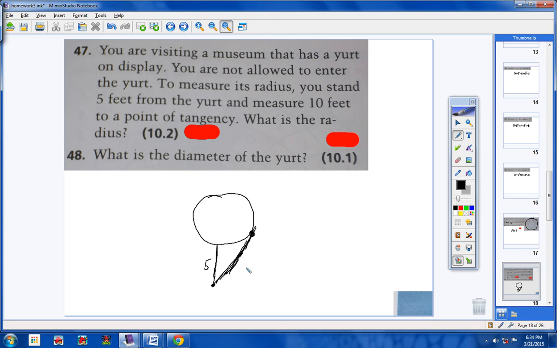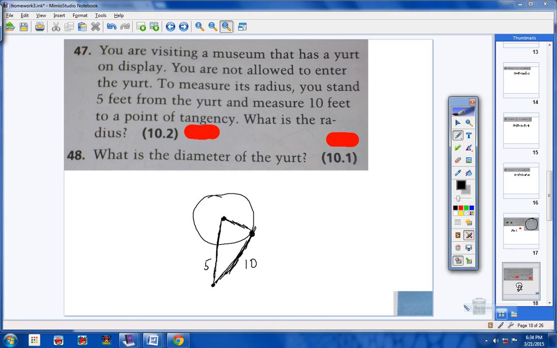Now, let's continue this on to the center of the circle, and then come down like this. Now students, what you need to notice here is the distance from here to here is a radius, and the distance from here to here is a radius. So those two measurements will be equal. So if I call one of those x, I can call the other one x also.